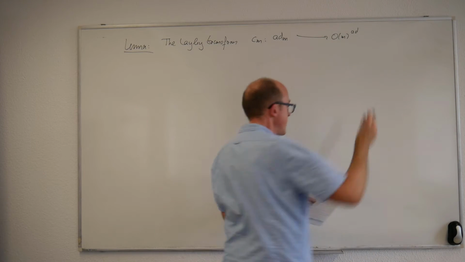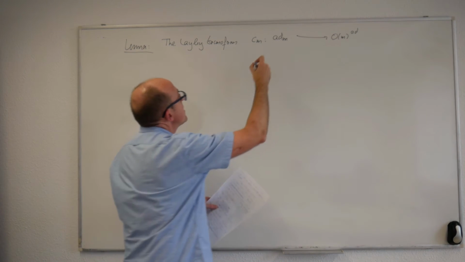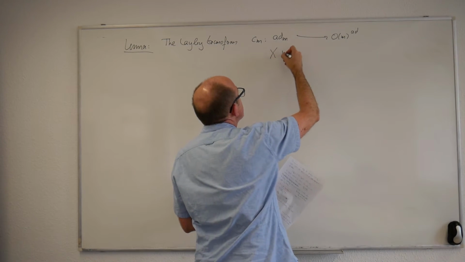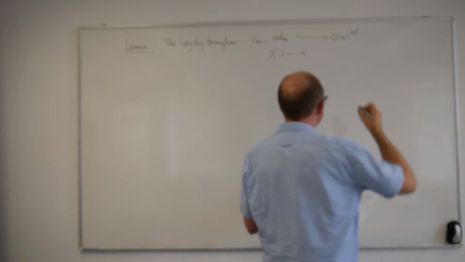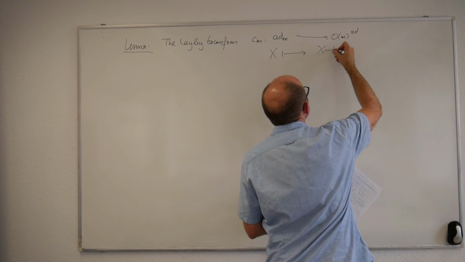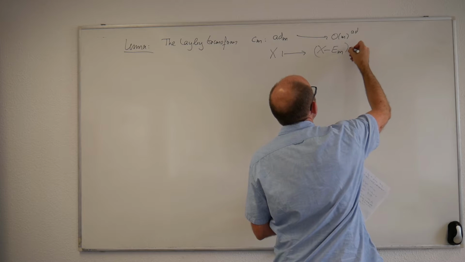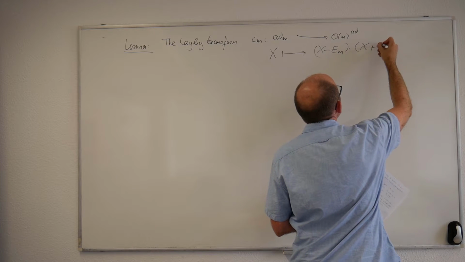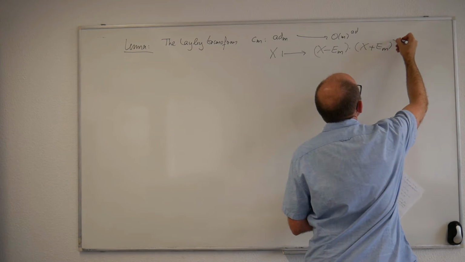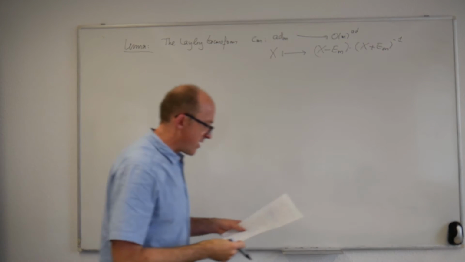I want to emphasize that here we have the conjugation action. The map sends a skew-symmetric matrix x to the following expression: x minus the m times m identity matrix composed with x plus the m times m identity matrix to the minus 1.